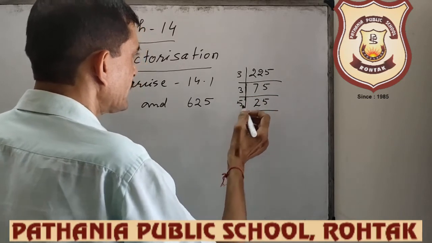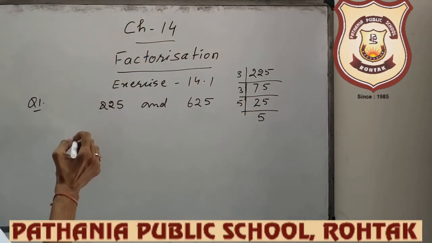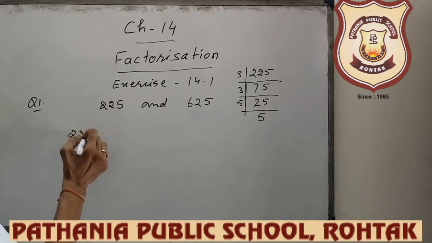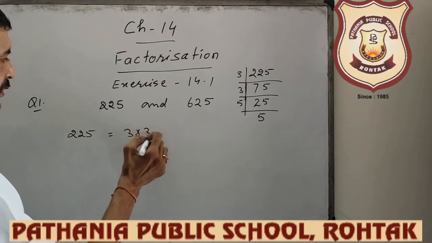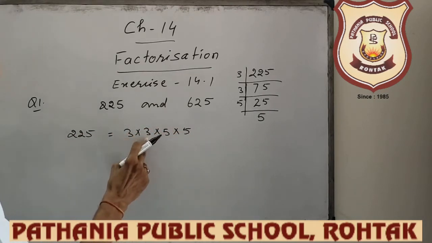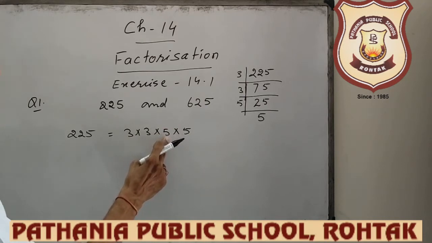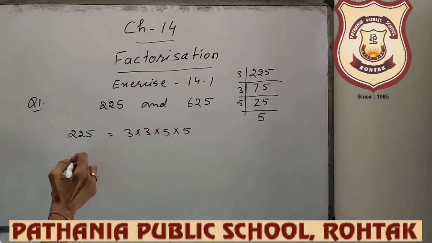So therefore, write the prime factors here. 225 is equal to 3 into 3 into 5 into 5. 3 3s are 9, 9 25s are 225.